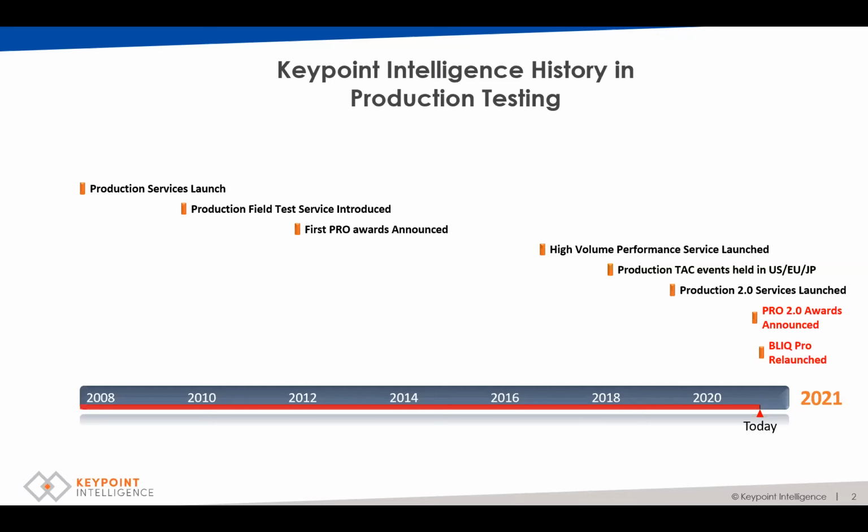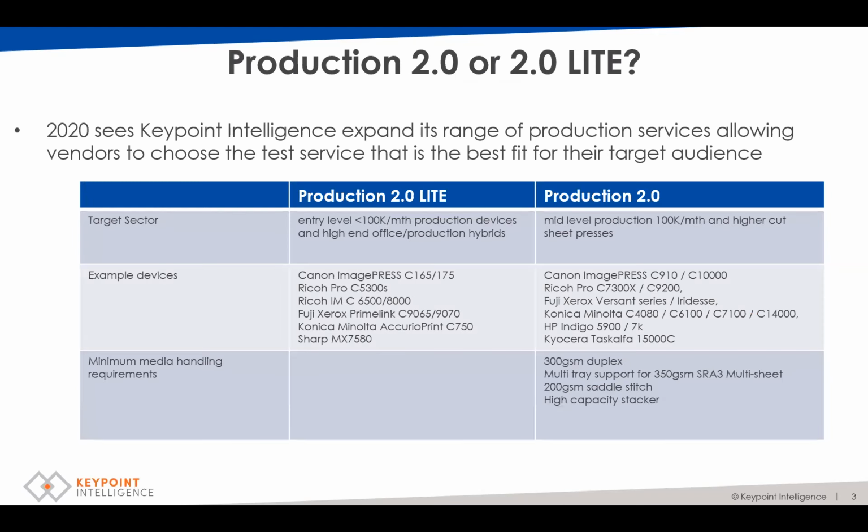The database was first released to the public in June of 2021, this year, and we also announced the Pro 2.0 awards in April. So right now we have Production 2.0 and 2.0 Lite, which are the two types of production test that we're doing.